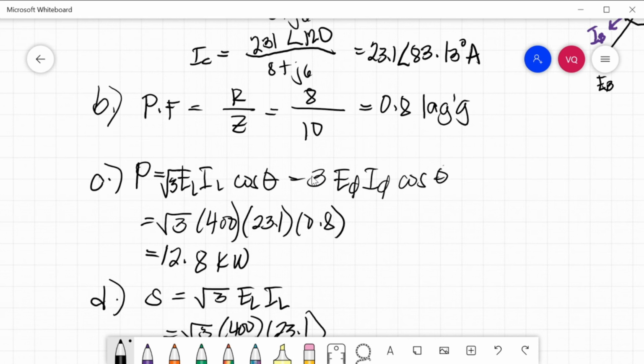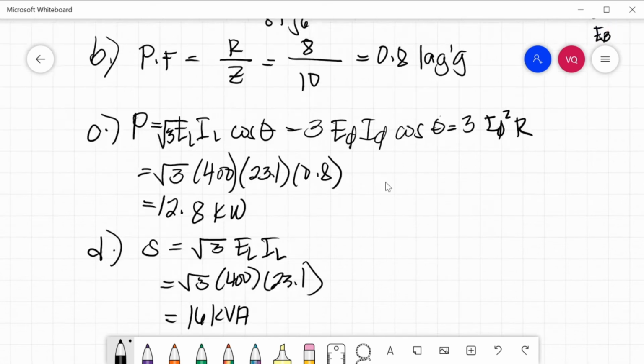You will get the same power. Or 3 times I phase squared R. You will get 12.8 kilowatts.